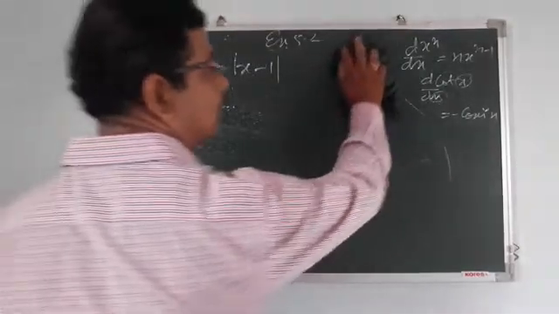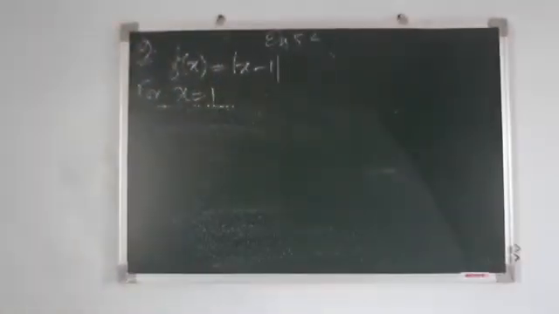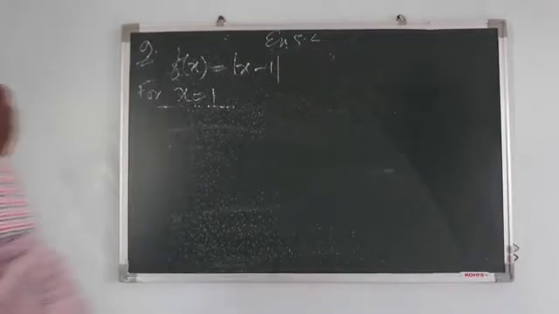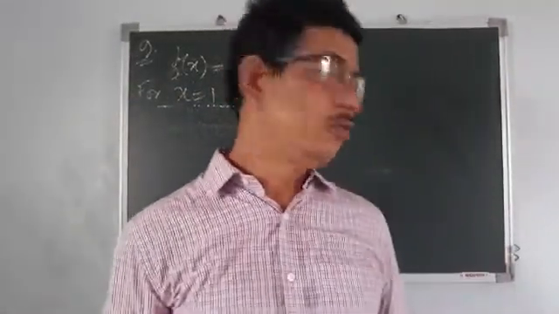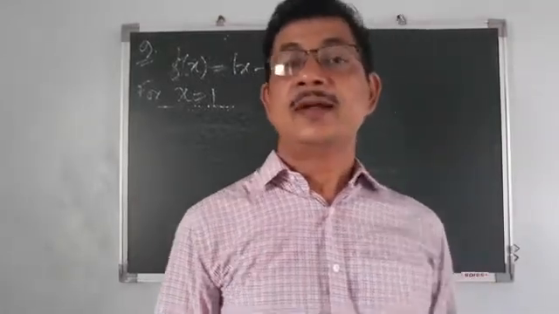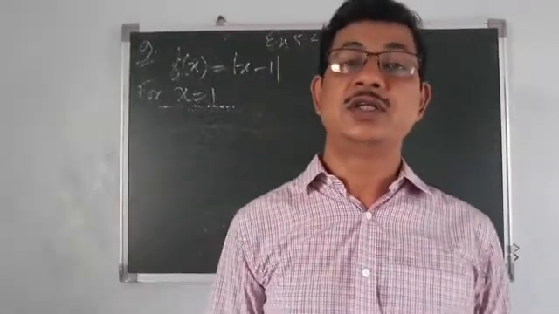Differentiable, just like multiplicable. Multiplicable means we are able to multiply. Divisible, if we are able to divide. Just like that, can we differentiate that one?